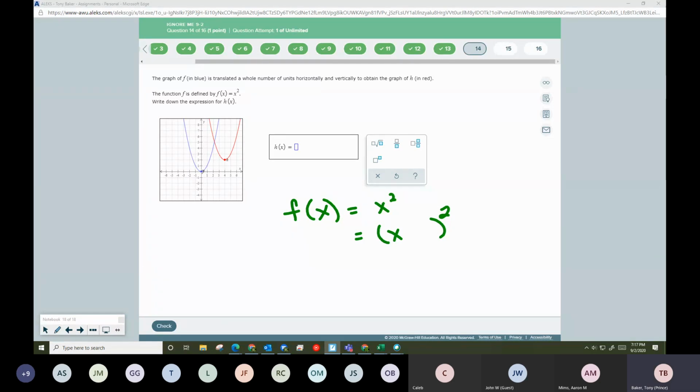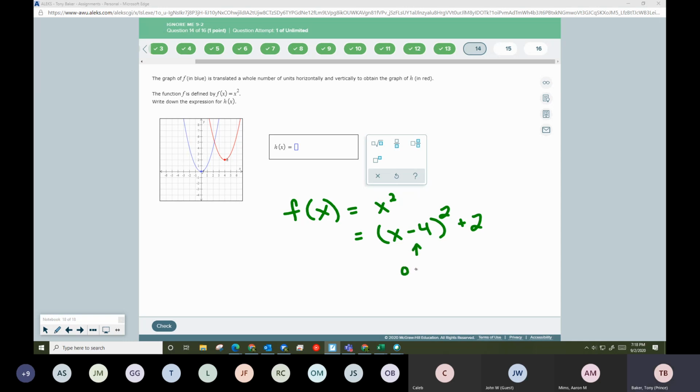So now you have to look at your x change and your y change. So this graph moved over 1, 2, 3, 4 spaces. So it added 4. Remember, the x is always opposite, so it's x minus 4. Since it moved +4, I put a -4. Since it moved up 2 on the outside, I'm putting +2.